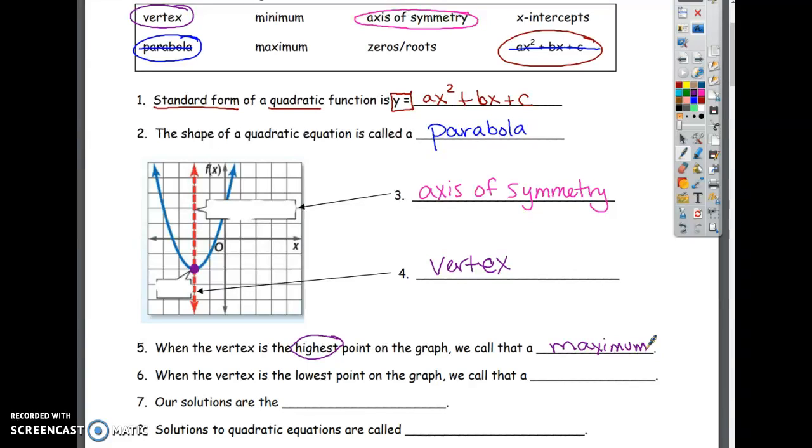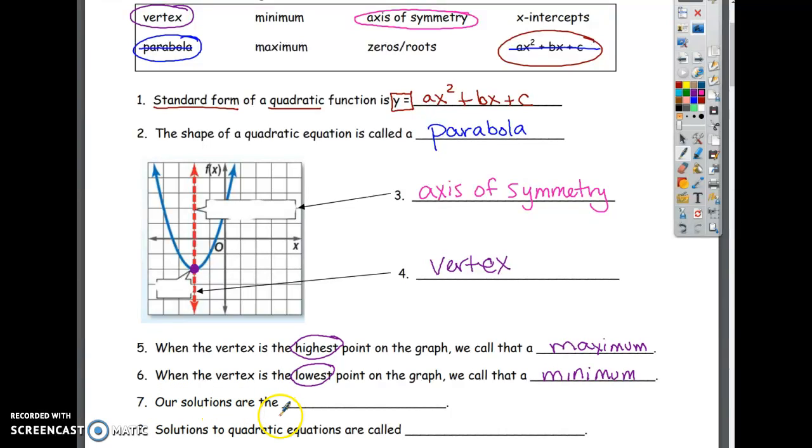What do you think it's called when the vertex is the lowest point, like right here? It's called a minimum. When it's at the very bottom, el punto más bajo, that's the minimum. Okay? Our solutions.